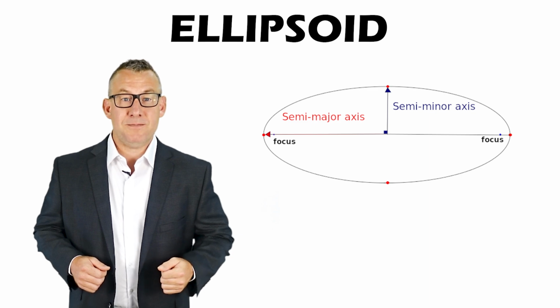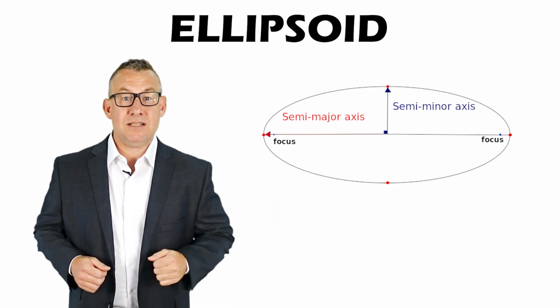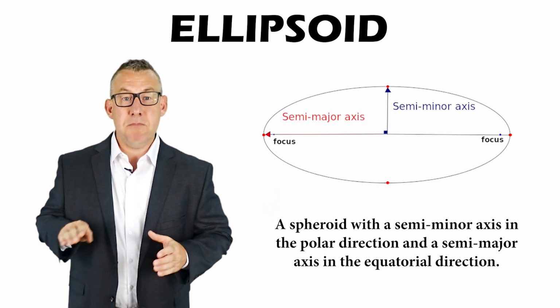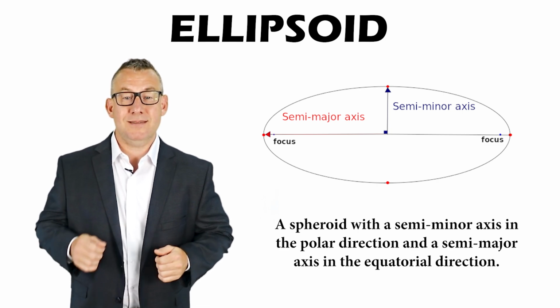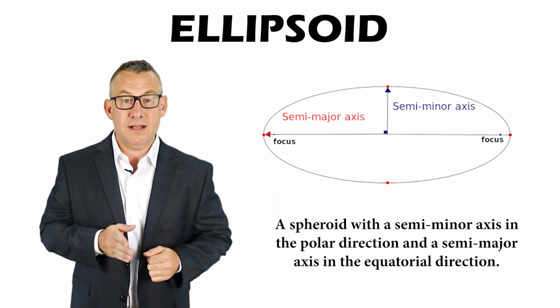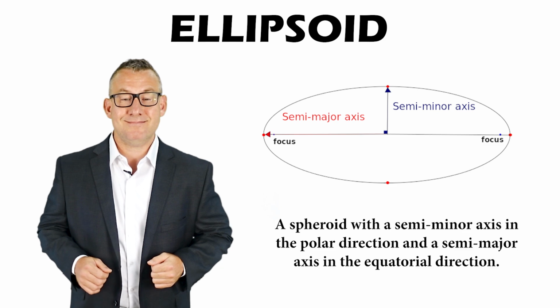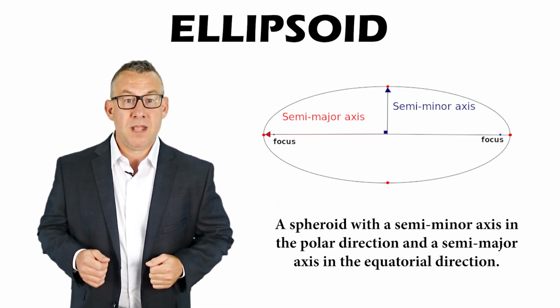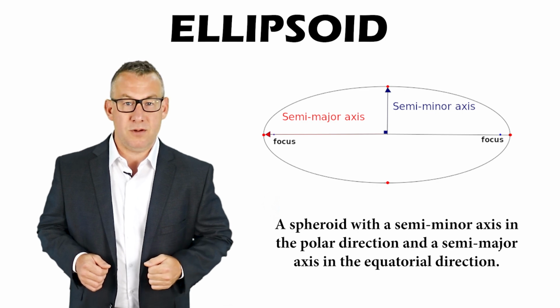An ellipsoid. An ellipsoid is a spheroid with a semi-minor axis in the polar direction and a semi-major axis in the equatorial direction. The equatorial radius is always greater than the polar radius on an Earth ellipsoid. Different ellipsoids fit different parts of the Earth better because the Earth's shape is not a perfect ellipsoid.